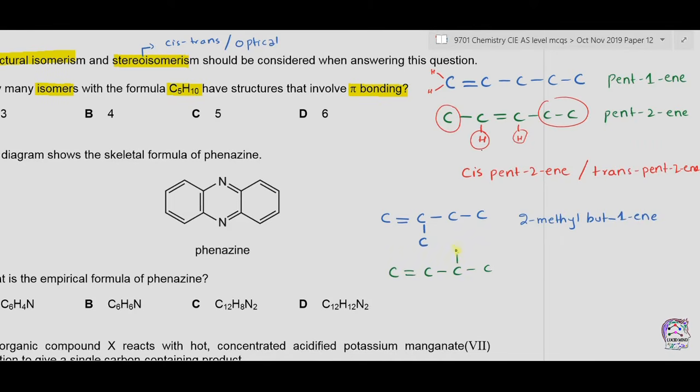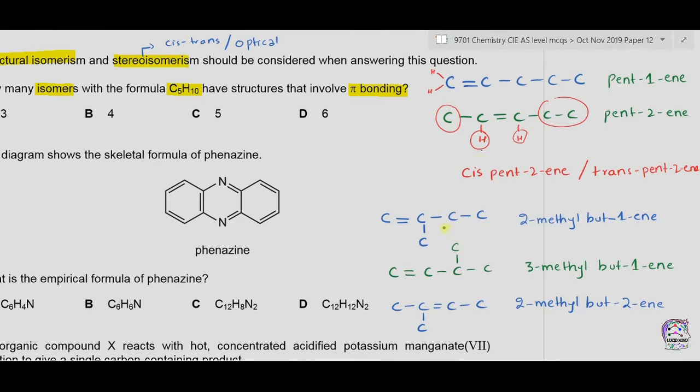The methyl group could be attached to the third carbon atom, so the name will become 3-methylbut-1-ene. Another possible structure is one in which the double bond is between the second and third carbon atom and the methyl group is attached to the second carbon, so the name will be 2-methylbut-2-ene.